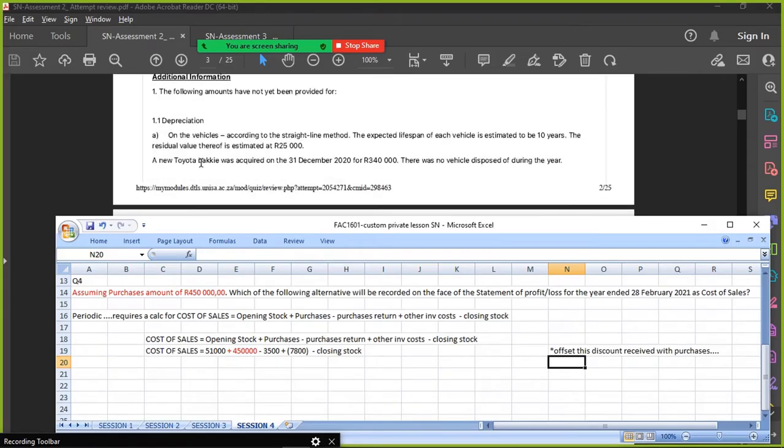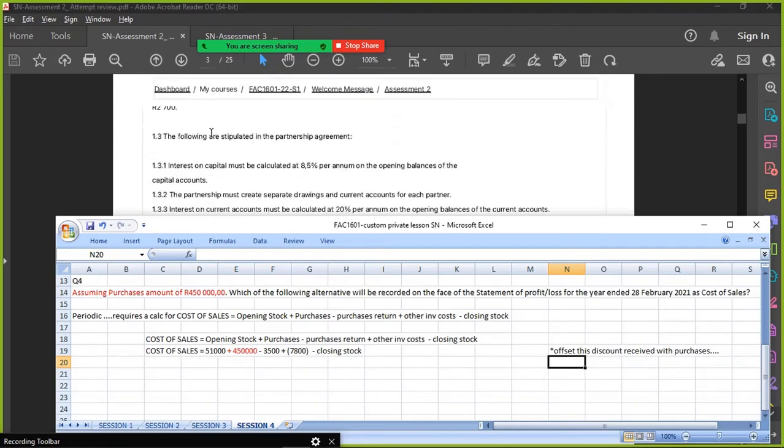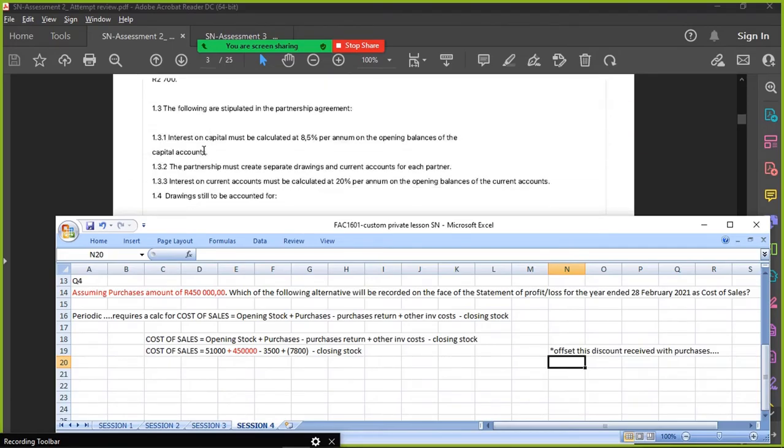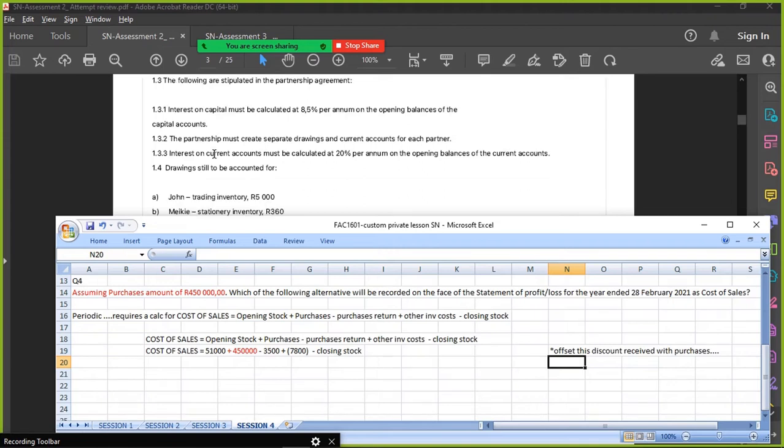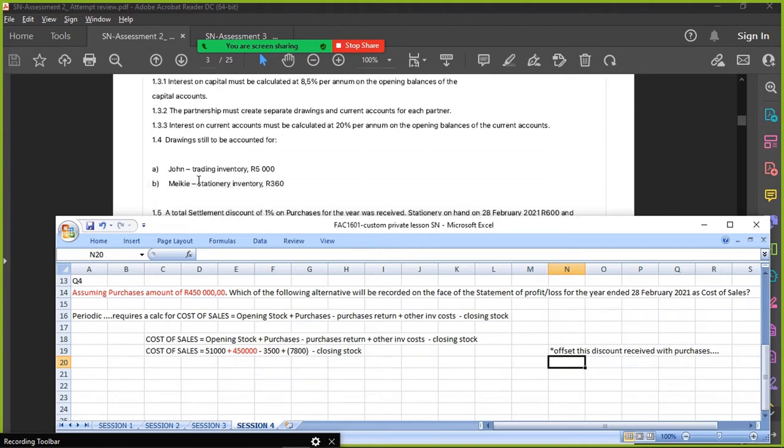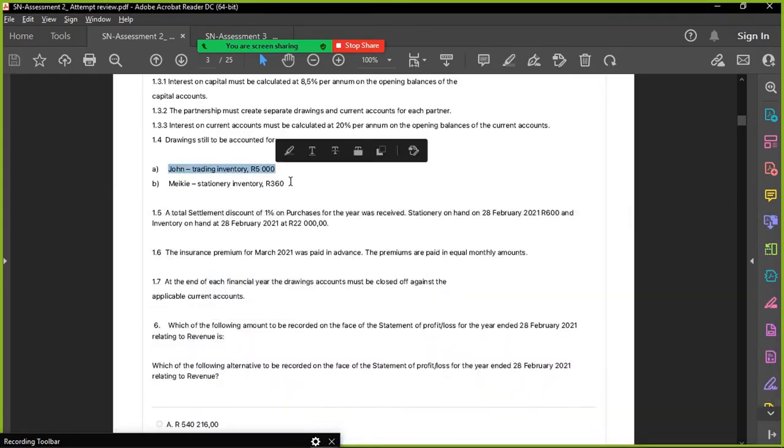Okay. All right, then we need to go to the additional information. This was all depreciation. Okay, this was related to the partnership. Okay, here is a note about drawings. Drawings still to be accounted for. Okay, so John took trading inventory, but if John takes trading inventory, that means when they do the stock take, the stock count, the stock count should be lower because John has taken inventory.